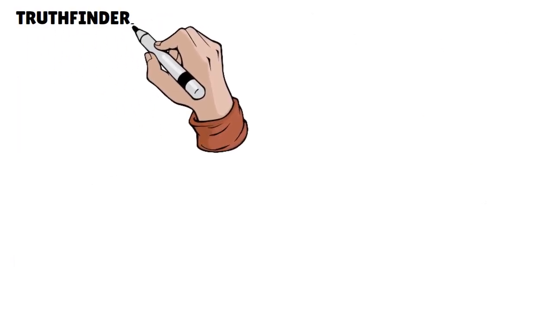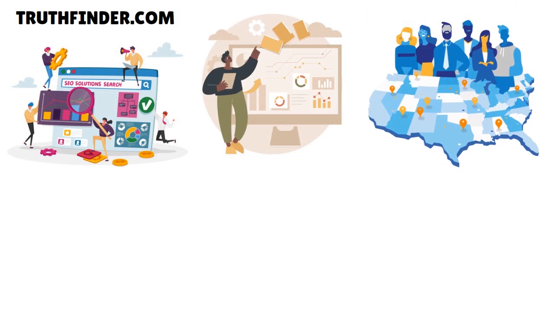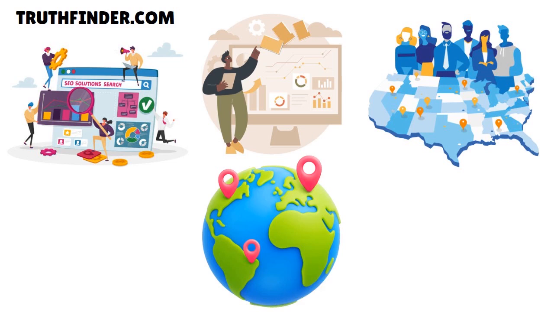Now, truthfinder.com is a people search site that collects and shares data about individuals in the US. They are primarily in the US, even though they have started expanding internationally into the UK, Australia, and South Africa. They are thinking about New Zealand too.